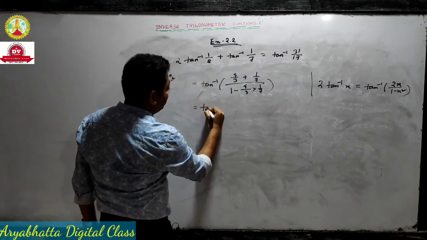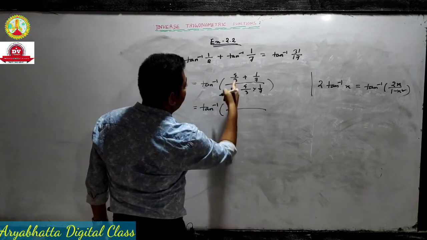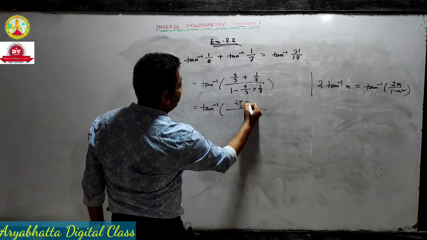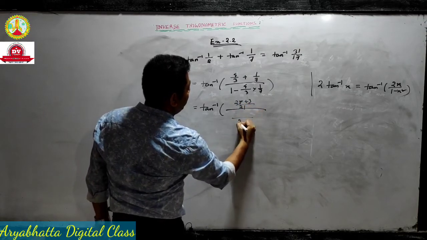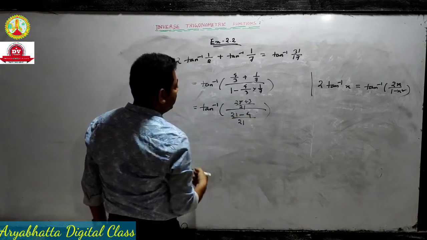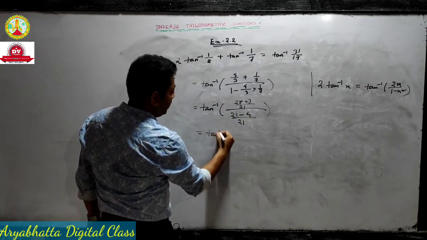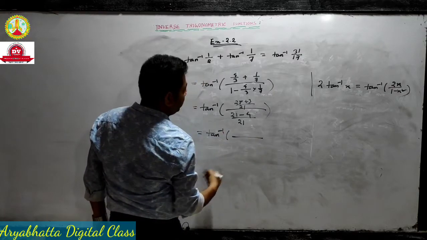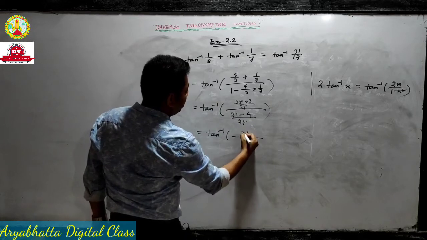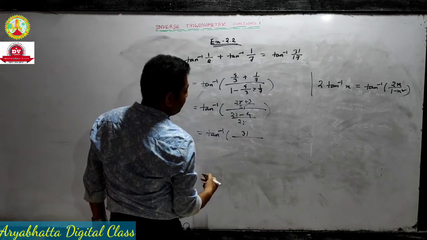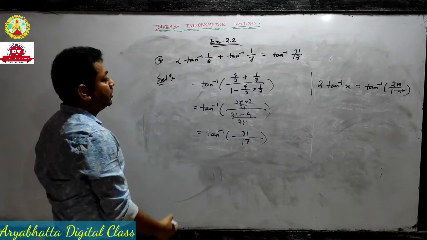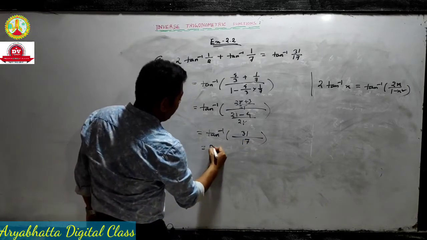This is equal to tan inverse of 21 plus 3 over 21 minus 4, that is tan inverse 31 divided by 17, which is equal to the right hand side.